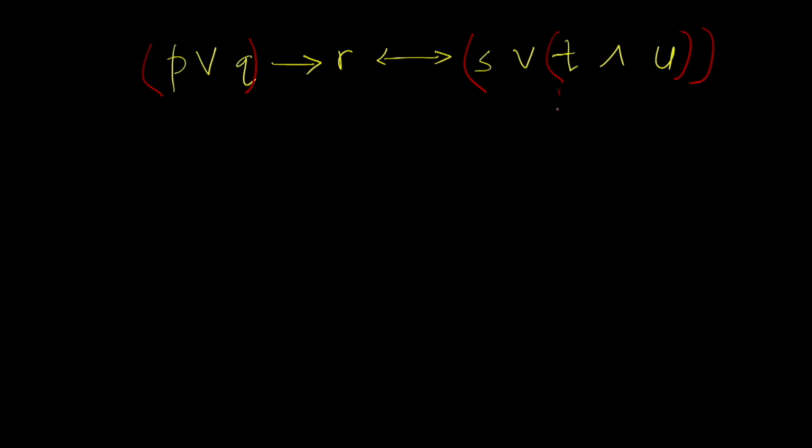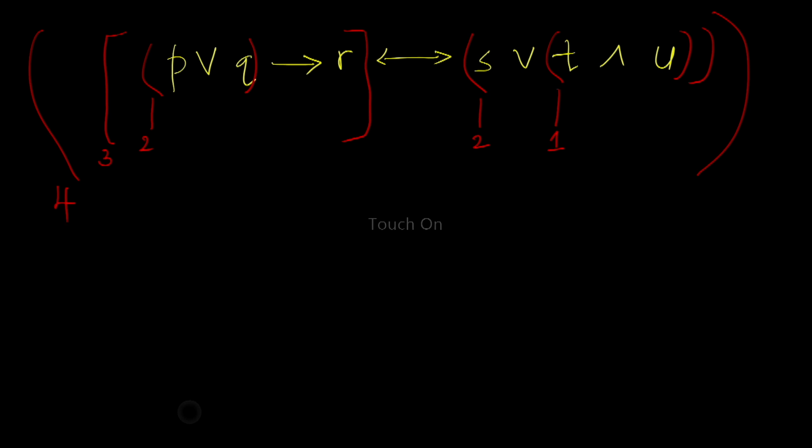So this is the first parenthesis, this is the second one, this is also at the second level. Then at the third level we have implication. So this is the third parenthesization, and then the double implication, the two-way implication has the least precedence. So this is the last one. So this is how you would parenthesize an expression containing many of these connectives.